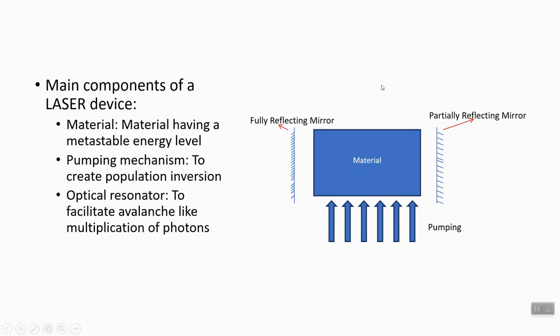Then we have an optical resonator to facilitate avalanche-like multiplication of photons. It consists of a fully reflecting mirror at one end and a partially reflecting mirror at the other end for trapping the photons emitted by stimulated emission of radiation, which in turn can result in a laser beam of required amplitude and intensity.